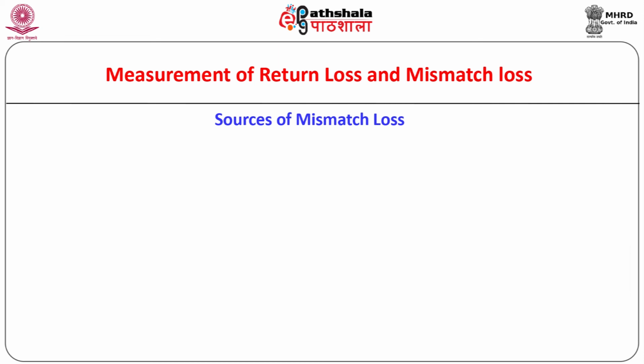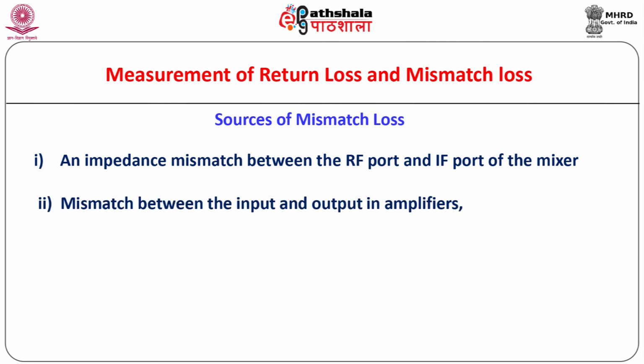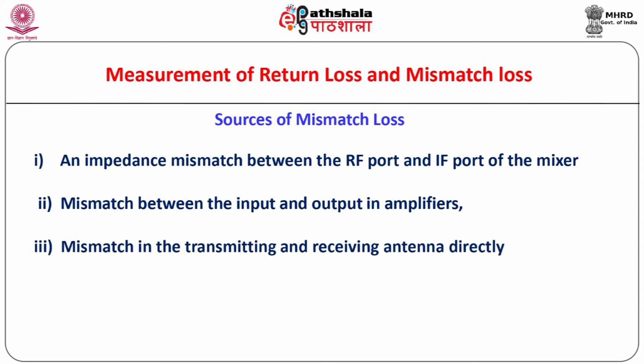Why and where does mismatch loss occur? What are the sources of mismatch loss? The answer is simple. Any constituent part of the transmission line having input and output can be the source contributing to overall mismatch loss. An impedance mismatch between the RF port and IF port of the mixer, mismatch between the input and output in an amplifier, mismatch in the transmitting and receiving antenna directly are some of the examples which suffer a mismatch loss.